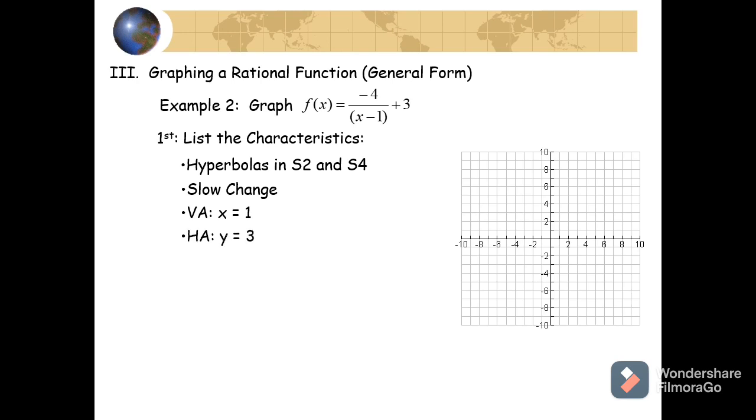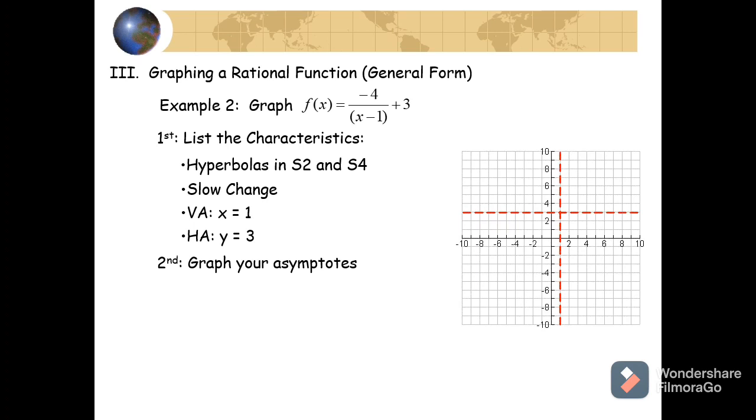Then our horizontal asymptote is y is equal to 3, since that is the value of our k. Second, let's graph our asymptote. So since ang nasa x-axis natin is positive 1, so ito yun. Then sa y-axis is positive 3, so ito siya. Third step is to find 2 or more points.